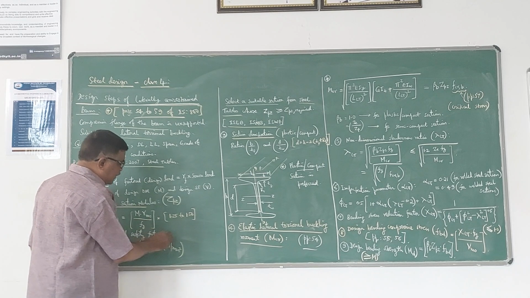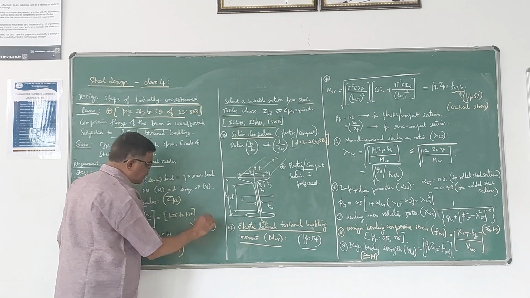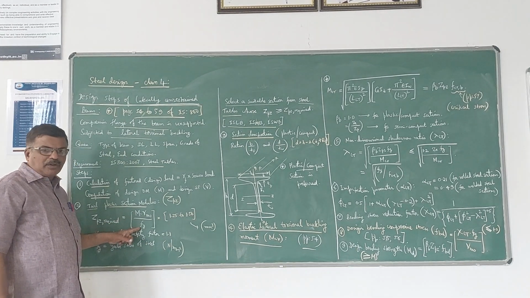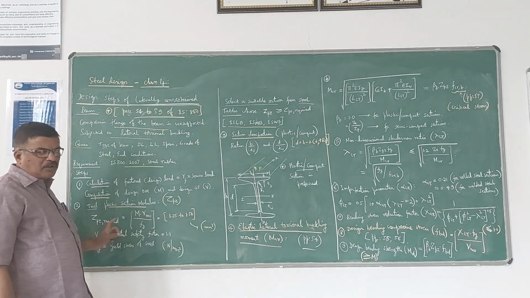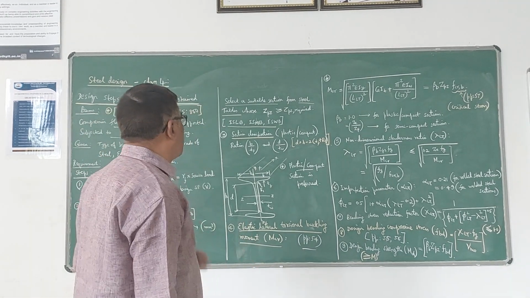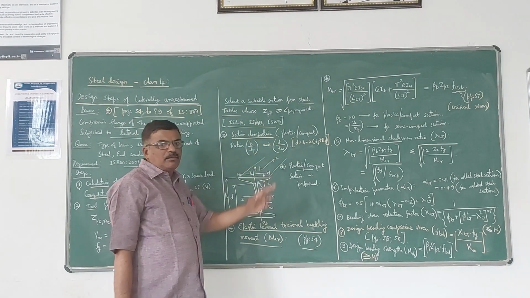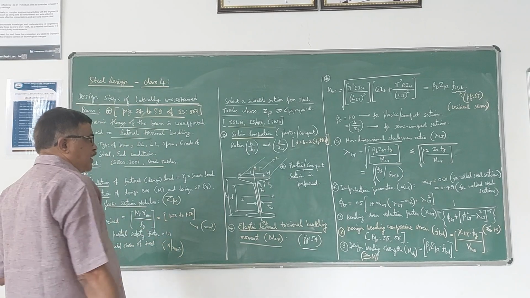Please note that the Zpz value will be in millimeter cube, because M will be in Newton millimeter and Fy in Newton per millimeter square. Therefore, after simplification, you get the required plastic section modulus in millimeter cube. So you have to choose ISLB, ISMB or ISWB from steel tables depending on the value of Zpz required.